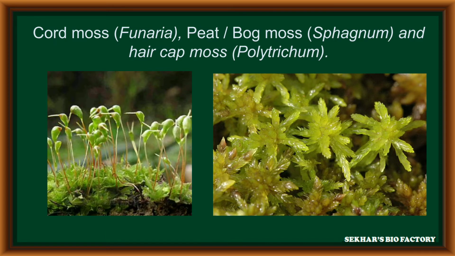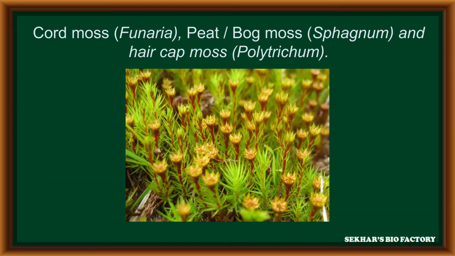Some of the best examples for this class are cord moss called Funaria, peat or bog moss called Sphagnum, and hair cap moss called Polytrichum. These are the examples for Bryopsida or mosses.